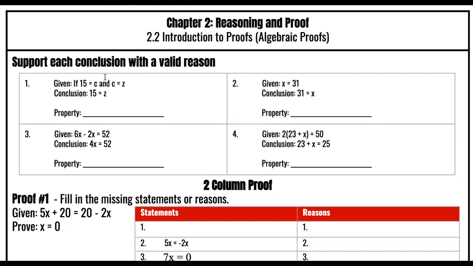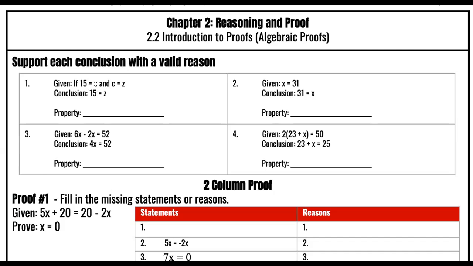It says given if 15 equals C and C equals Z, the conclusion is drawn that 15 must equal Z. So let's look at this. We have 15 equals C and C equals Z. What did we repeat? We repeated the letter C twice.